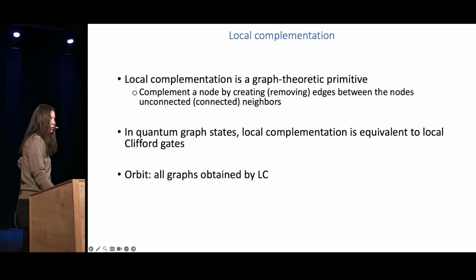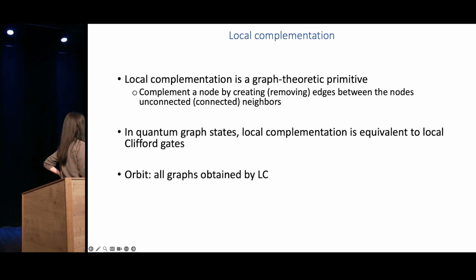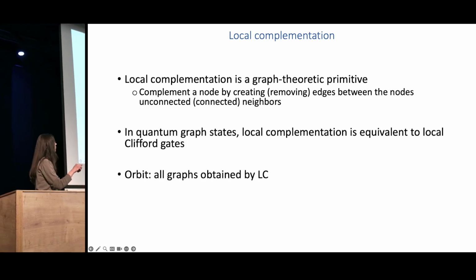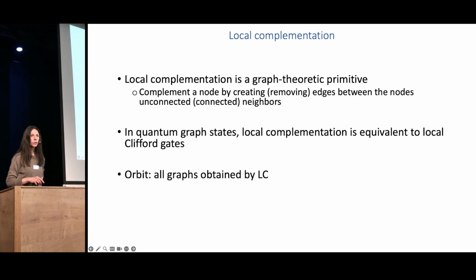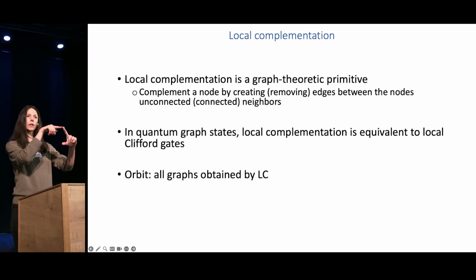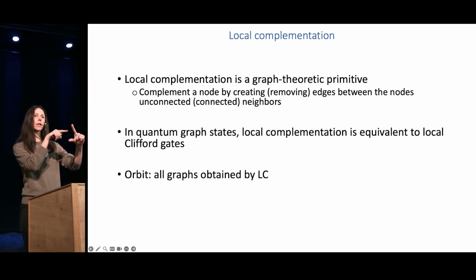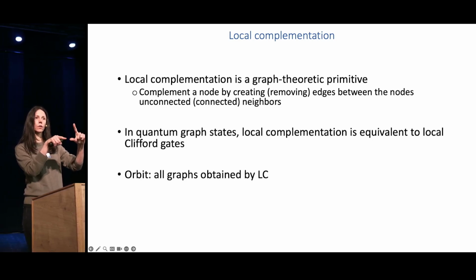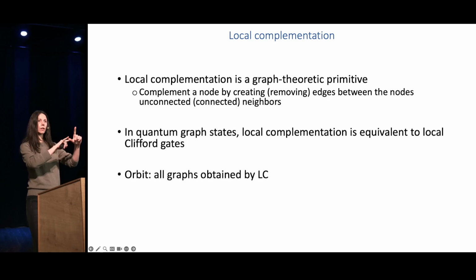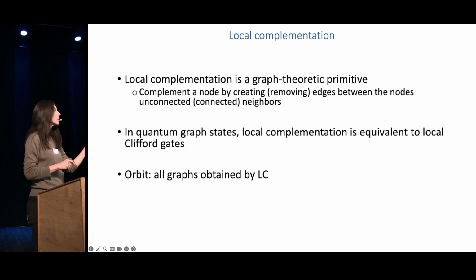And there's something called an orbit, which is all the possible states I can get if I do local complementation on a particular graph. So I start with that graph, and what I do, I look at a node, and then I look at its neighbors. And depending on if these neighbors are connected or disconnected, I either create or remove a line between them. I'll show you an example.